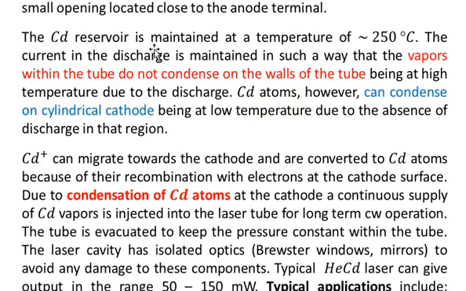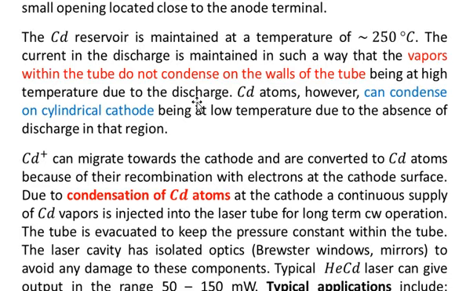The cadmium reservoir is maintained at a temperature of 250 degrees Celsius. The current in the discharge is maintained in such a way that the vapors within the tube do not condense on the walls of the tube, being at high temperature due to discharge.